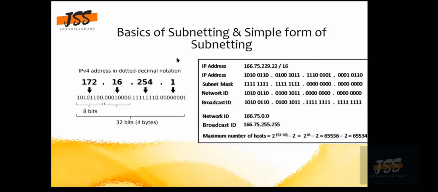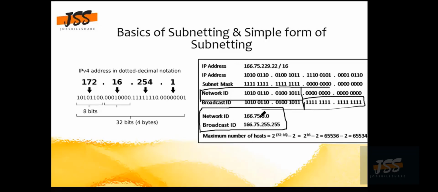Okay, so you are already familiar with this. This is an IPv4 address, and if you convert it into binary, this is how it will look. This is 8 bits, and the total length is 32 bits, which is 4 bytes. We have some portion which is known as the network ID. This is your network ID portion, and this is going to be your broadcast ID portion.